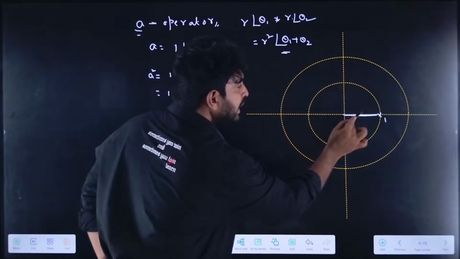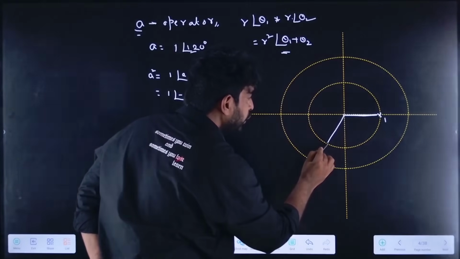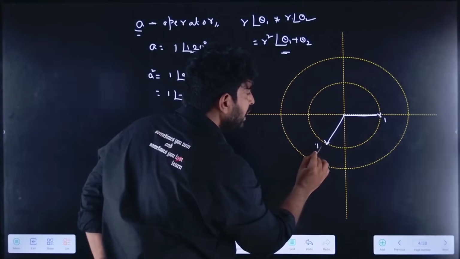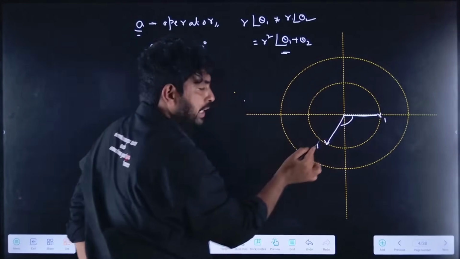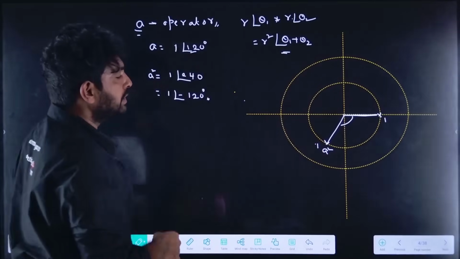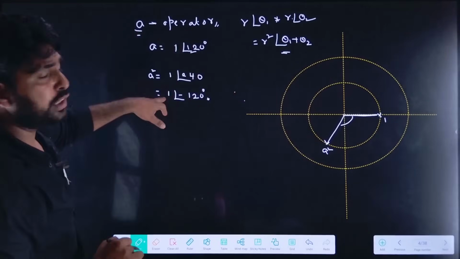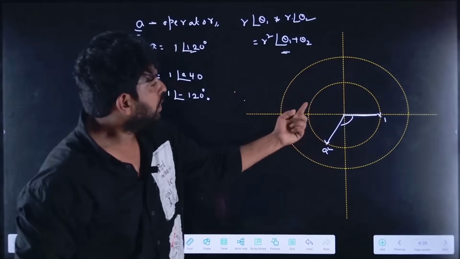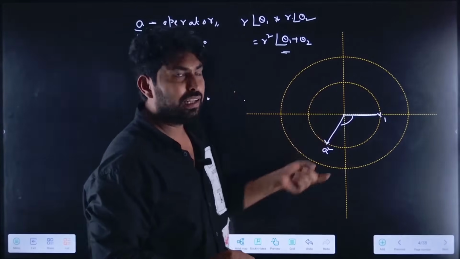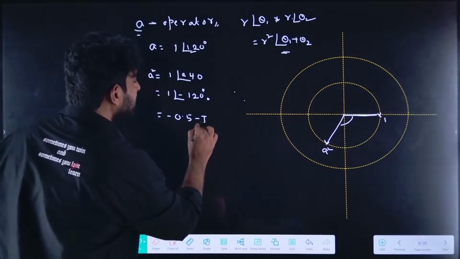Minus 120 degrees is in this direction, the lagging direction. So what is the A square value? Here both the real and imaginary parts are negative, so it is minus 0.5 minus j0.86.